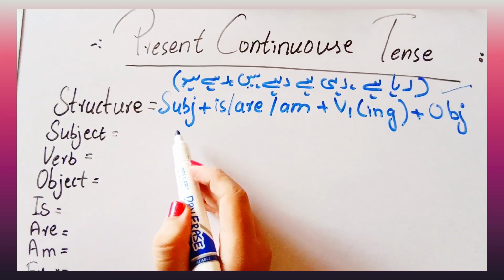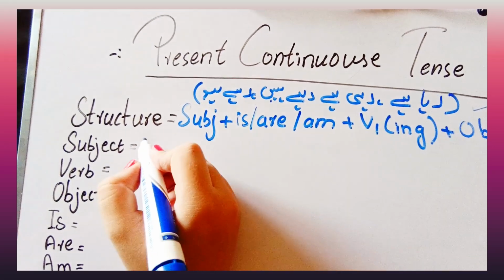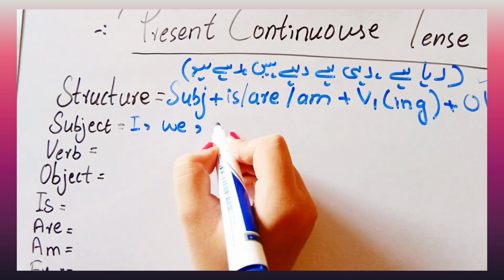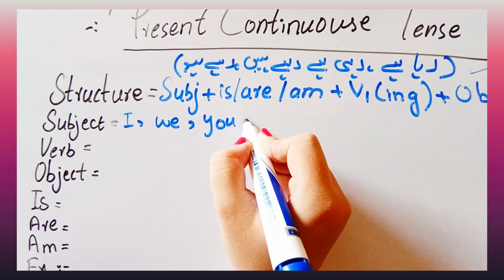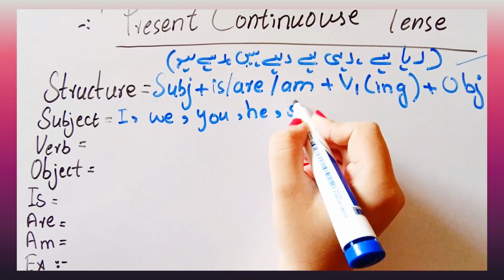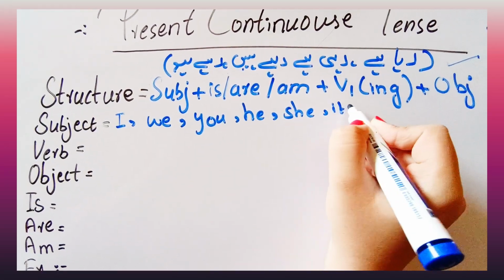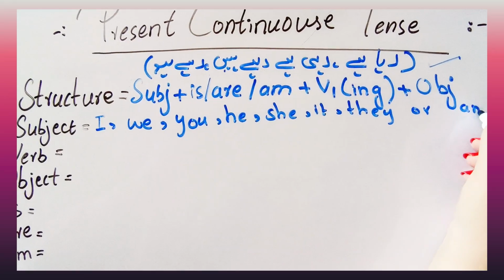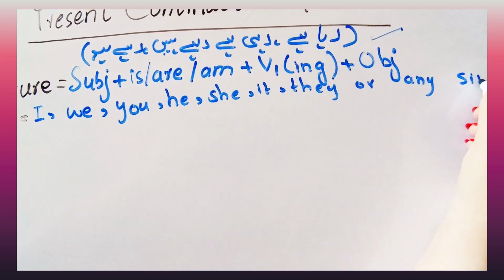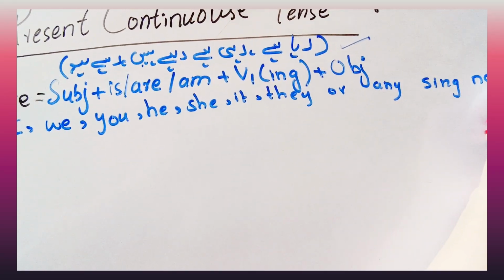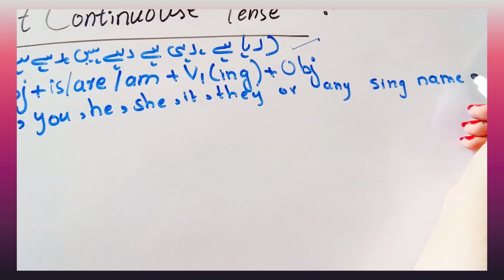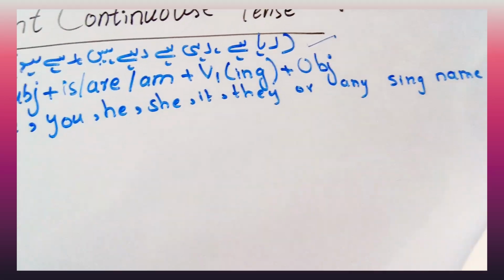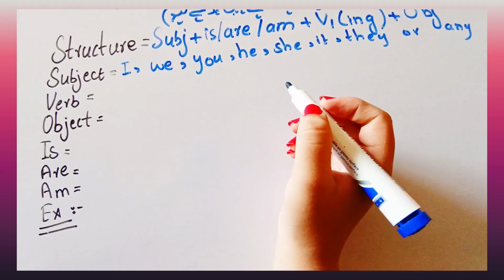Now what is subject? Subject can be I, we, you, he, she, it, they, or any single name, like we can say Ali. And what is verb?